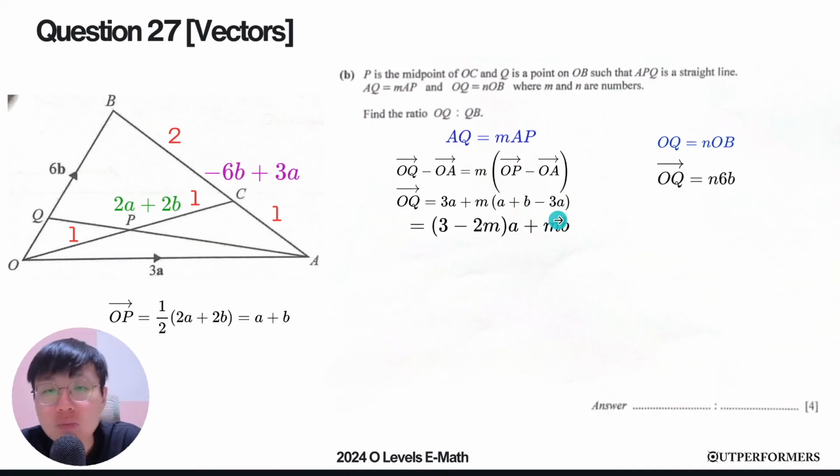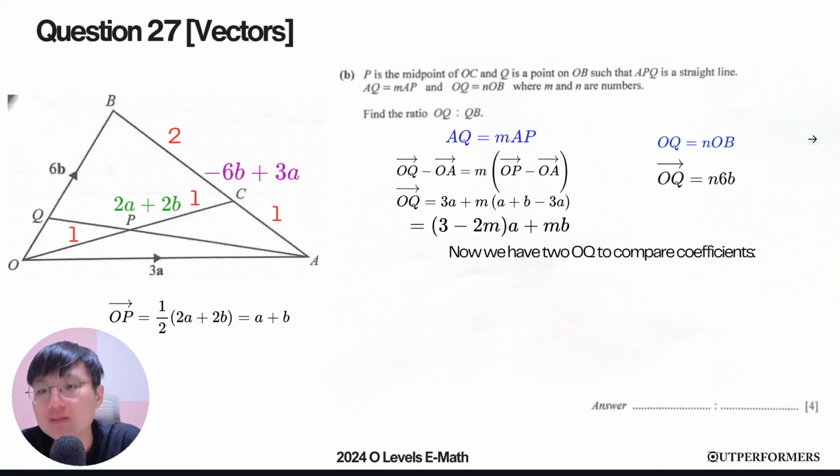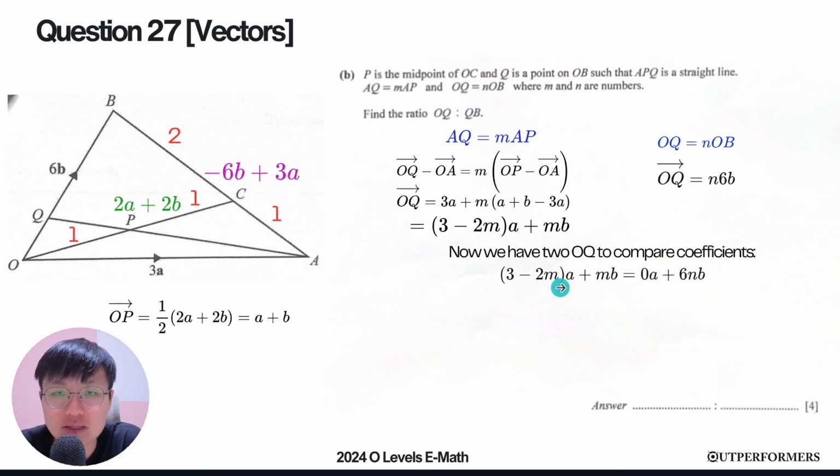So by right, since both are OQ, this is supposed to be the same as this. That allows us to compare coefficients. I will be able to put this on the left hand side and compare with this one, and you will see that I actually put a 0A over here. Why?